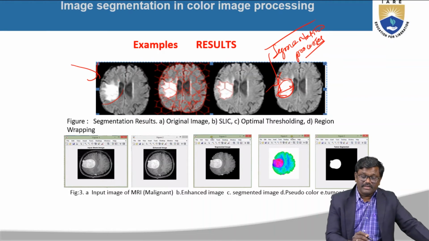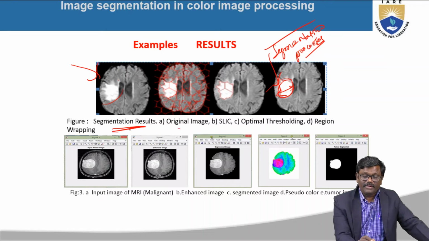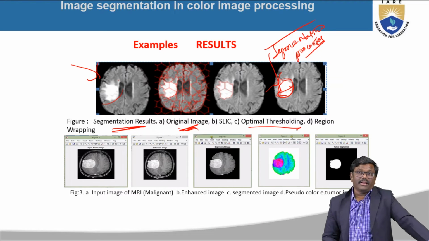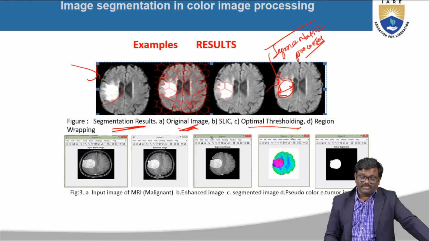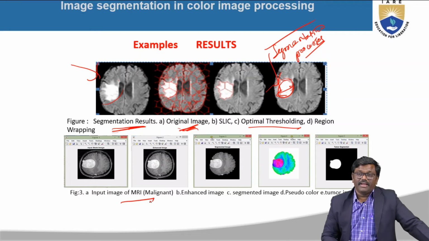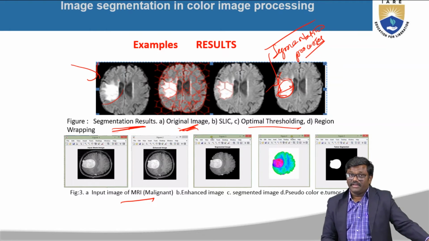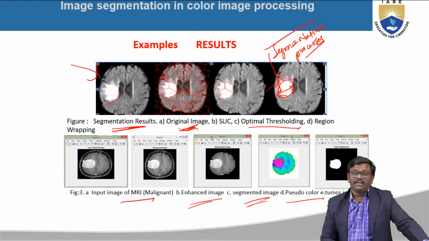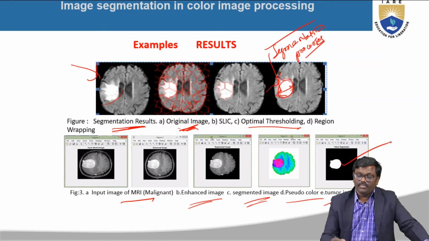So that means the results are your segmentation results from the original image, obtained through the concepts of optimal thresholding and region mapping. If your selected image is an MRI image that is affected, a malignant stage cancer input image, you see the enhancement, segmentation-based and pseudo color results, where we concentrate on the tumor alone.